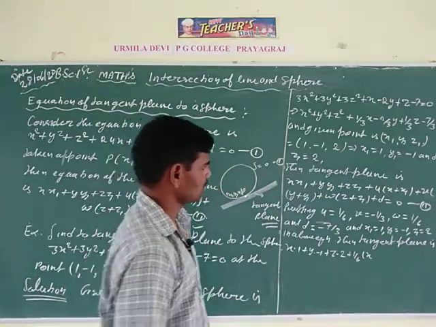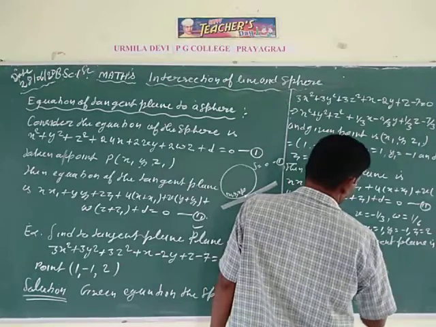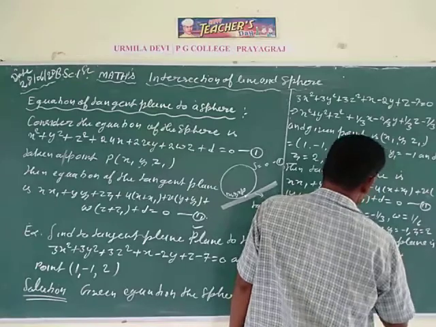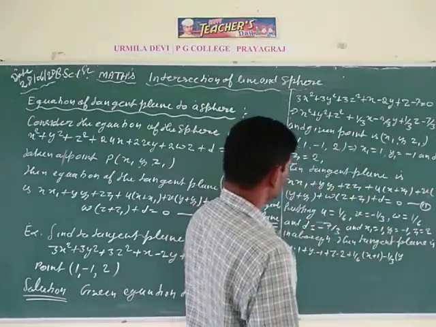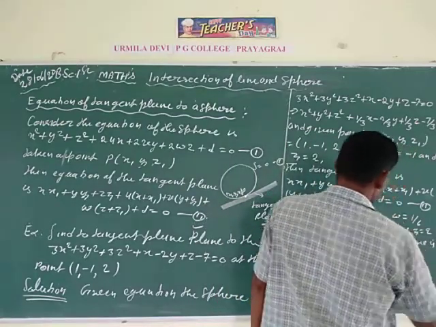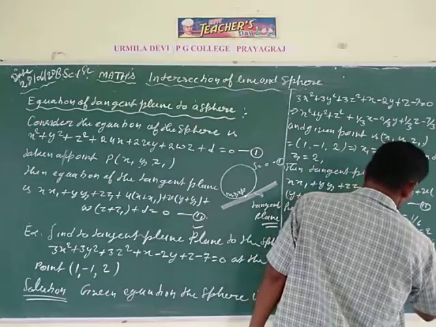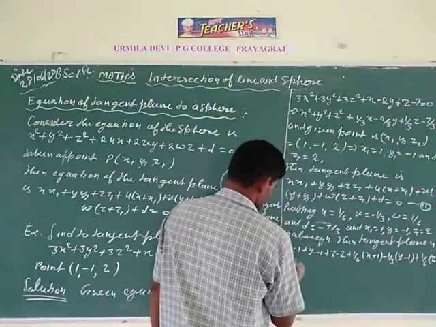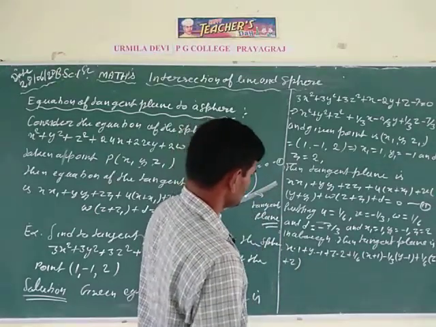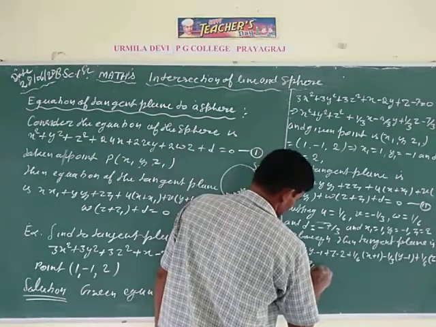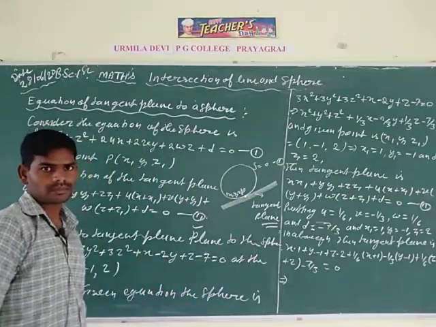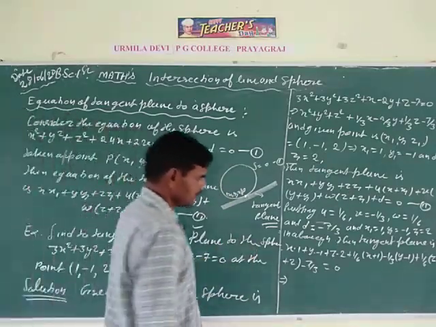Here x1 is equal to 1, so x plus 1, and v is equal to minus 1 by 3 times y plus y1, y1 is equal to minus 1, plus w is equal to 1 by 6 times z plus z1, meaning 2. At last d is equal to minus 7 by 3, so minus 7 by 3 is equal to 0. After simplifying this equation, write the complete form of the tangent plane equation.